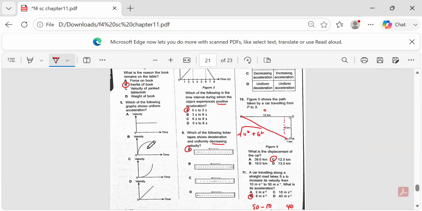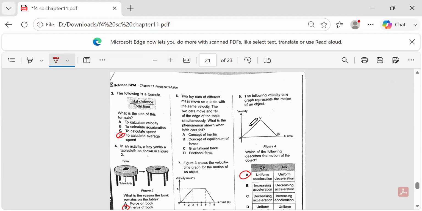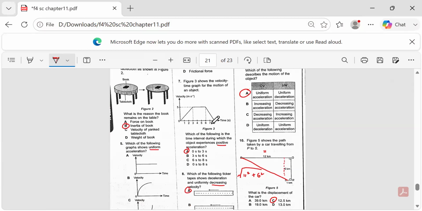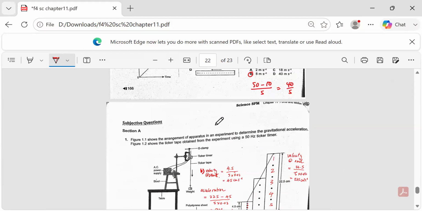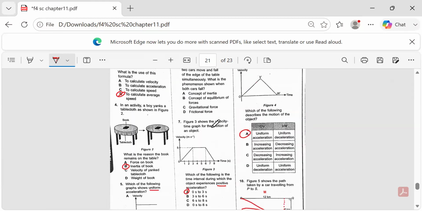No, D. This one is uniform. Uniform acceleration is this one. Okay, this one is faster and faster and faster. If it's uniform acceleration, it is a straight line; this one is getting faster and faster. Okay? Alright, can you please do question 6? Only 6 left, just question 6.